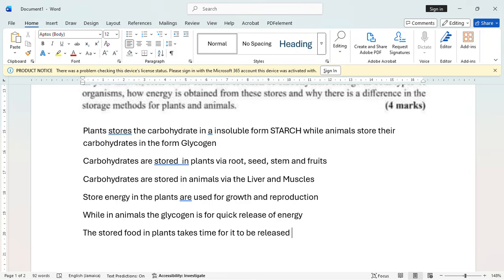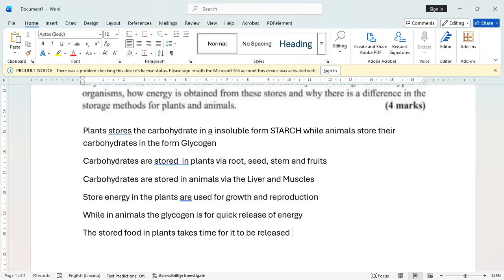Cool? So when we speak about how the plant stores it as starch, it is insoluble, and that helps with it not being utilized, because it would affect how the plant absorbs water and even the cells in terms of osmosis. And you don't want to have that imbalance, even within animal cells as well. So they are stored in a form that is insoluble.